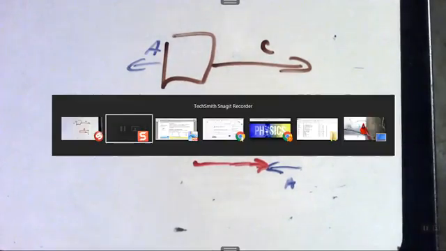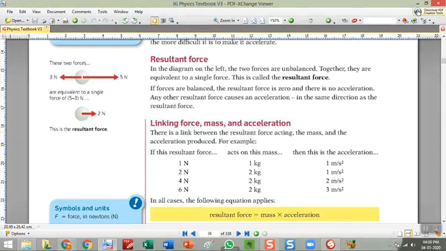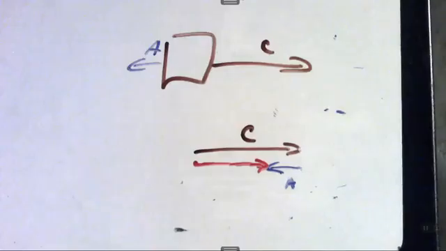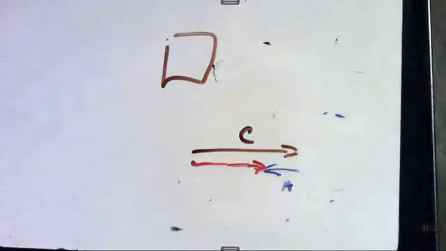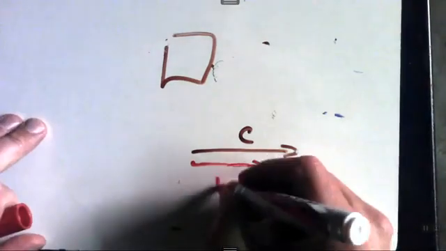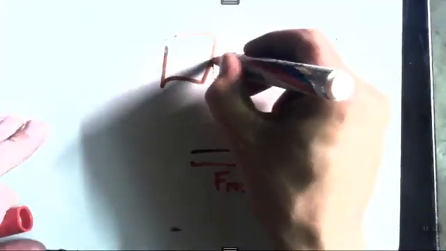Okay, so back to our textbook, and we'll see that it is the force that is equivalent to the single force, the result of the two. So basically, I could erase that and just have drawn the resultant force.